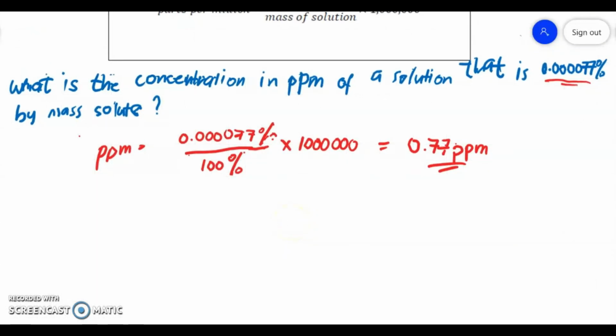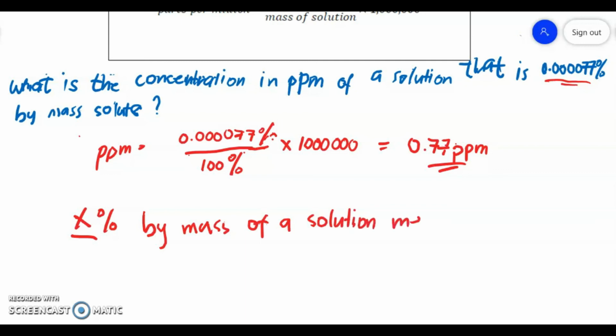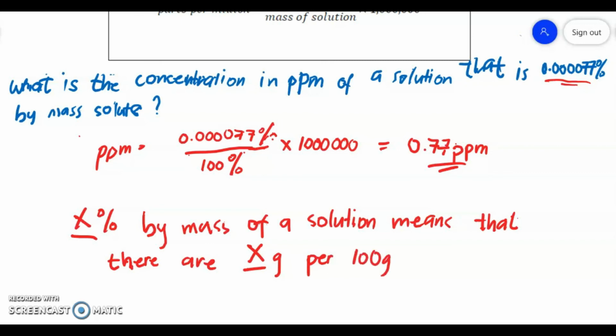You should take note of this: any value, let's say x percent by mass of a solution, means that there are x grams per 100-gram solution.